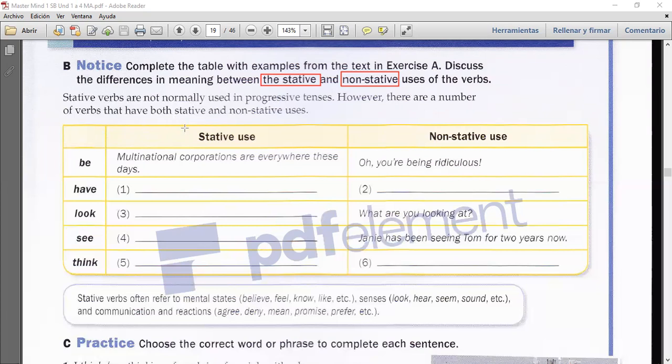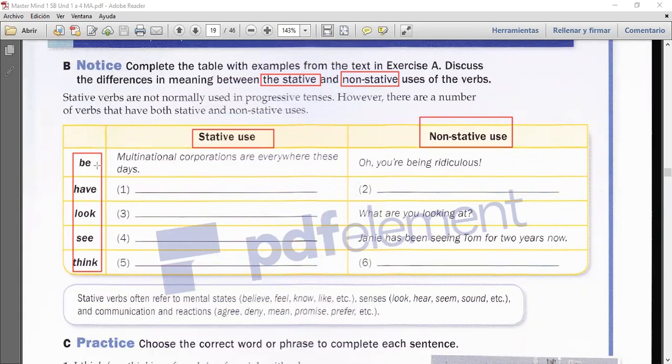A stative verb and a non-stative use. So we have here be, have, look, see, think.